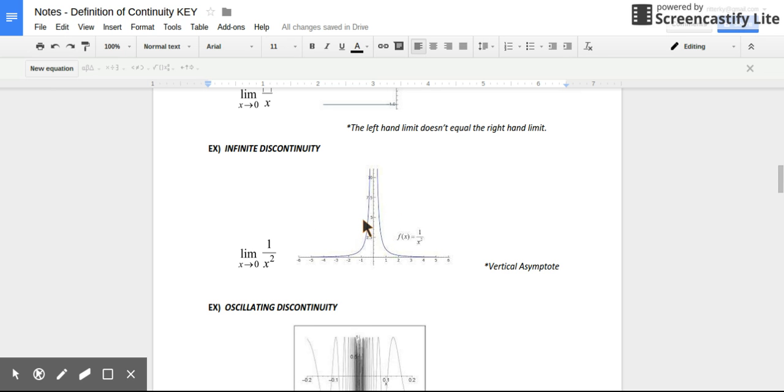On the left hand, the limit is approaching positive infinity. On the right hand, it's also approaching positive infinity. But because we're approaching infinity, we say that it's unbounded. The output is unbounded. We can't define infinity. Therefore, we can't say that infinity is a possible limit value.